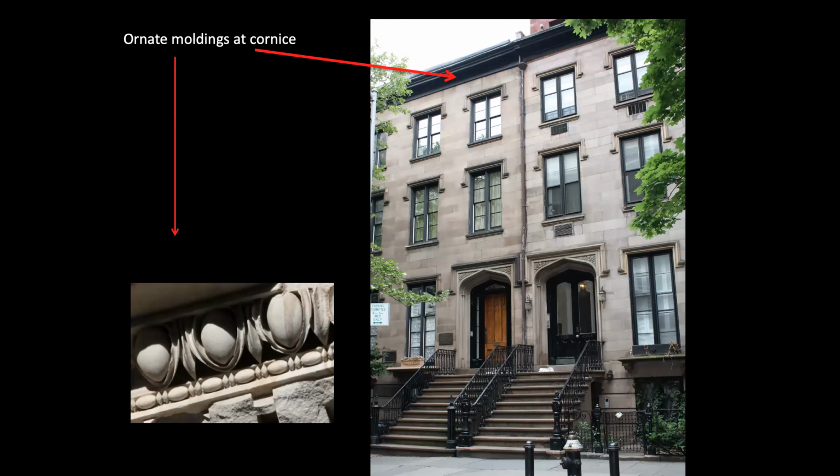So one thing that happens in Gothic revival row houses is that things do get more ornate than in the Federal or the Greek revival periods. You start to see some of these details from cathedrals, the pointed arches, things like that, grafted onto the row house form.